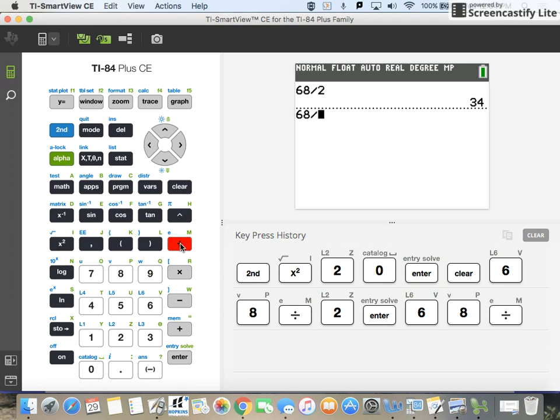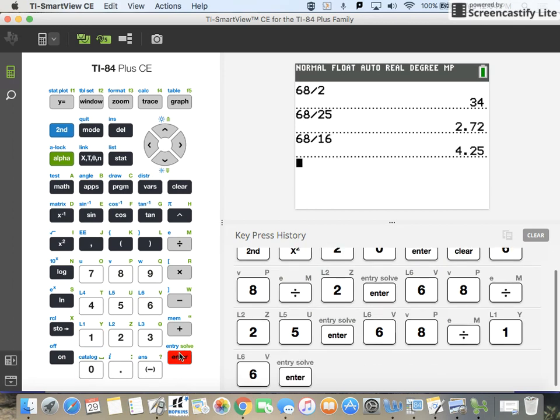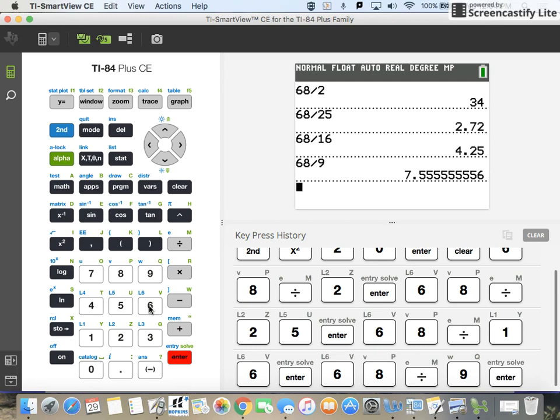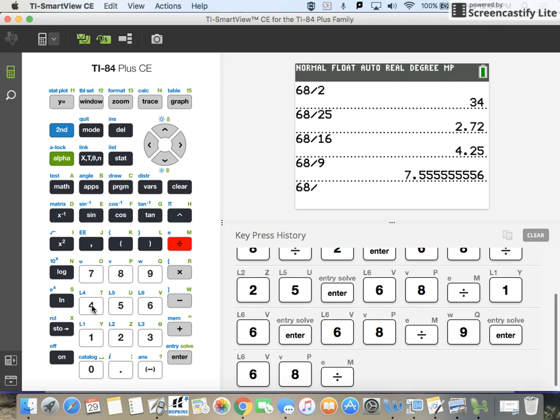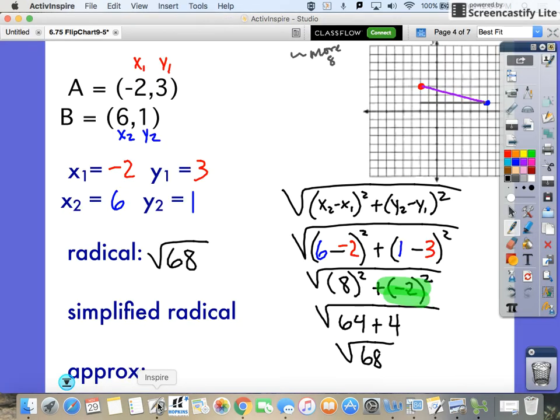So if we do 68 divided by 25, garbage. 68 divided by 16, garbage. 68 divided by 9, nope. 68 divided by 4 is 17, okay. So we're going to change this to the square root of 4 times 17, which is 2 root 17.